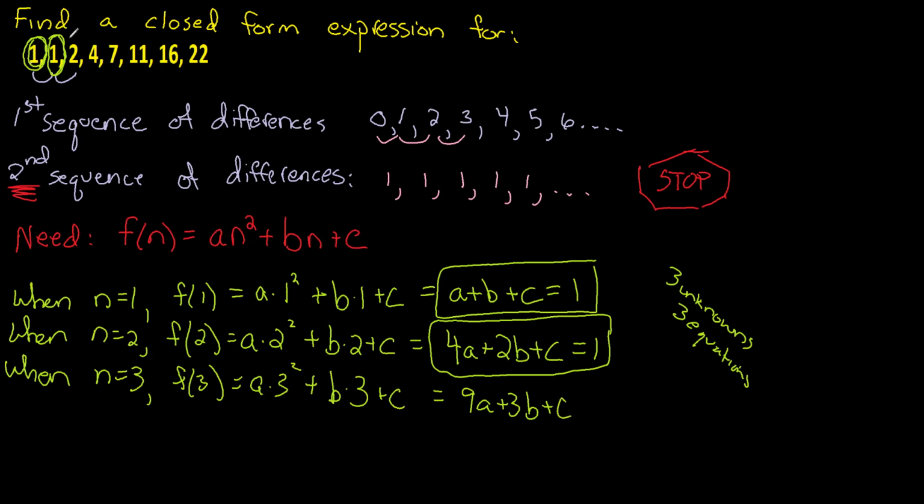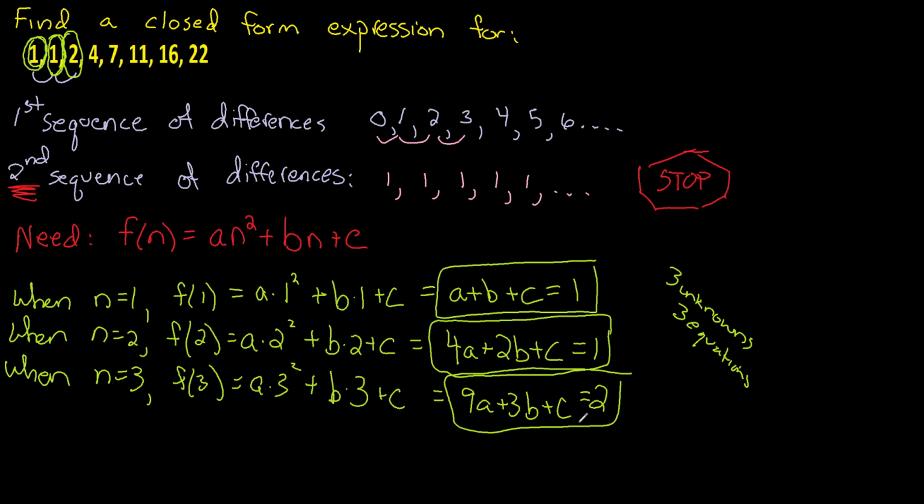And if I go up in the original sequence and look at the value for the third term, that's going to be a 2. All right, so now I've got 3 equations and 3 unknowns. You can sit down with algebra and solve this, but I don't recommend doing that. For the purposes of our course, we're really just trying to look at the big picture, and this is not an algebra course, this is a discrete math class.